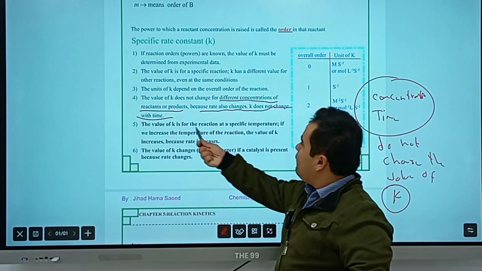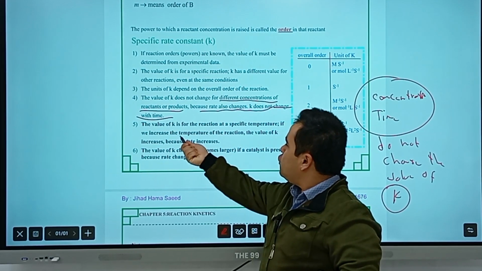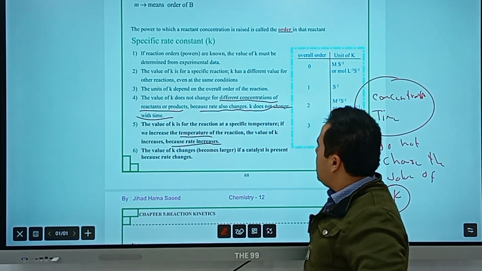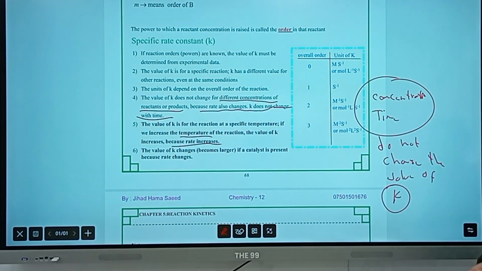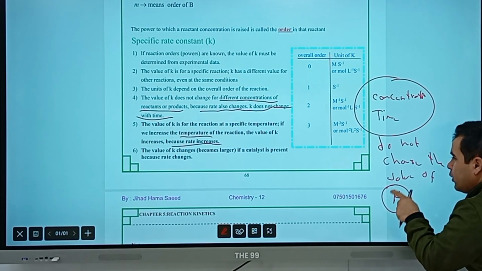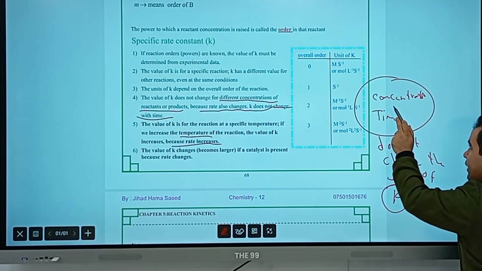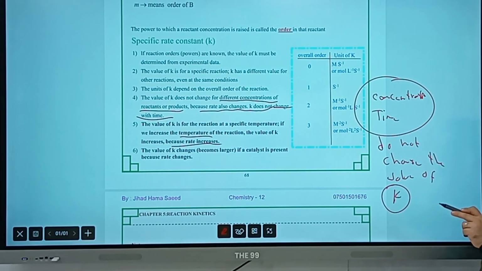The value of K for a specific reaction at a specific temperature: if we increase the temperature, it increases the rate of the reaction and increases the K. We'll be talking about those two factors that increase the K, but the value of K is independent of the concentration of reactant and the time of the reaction.